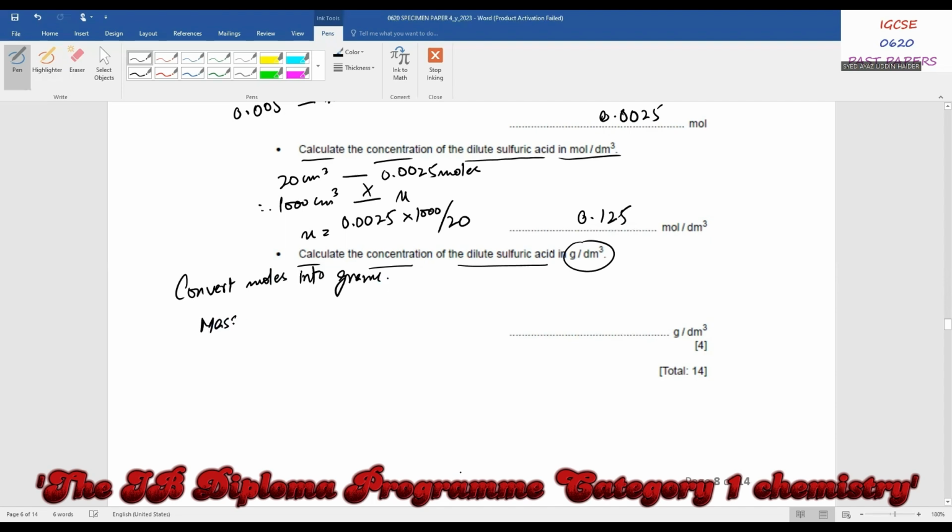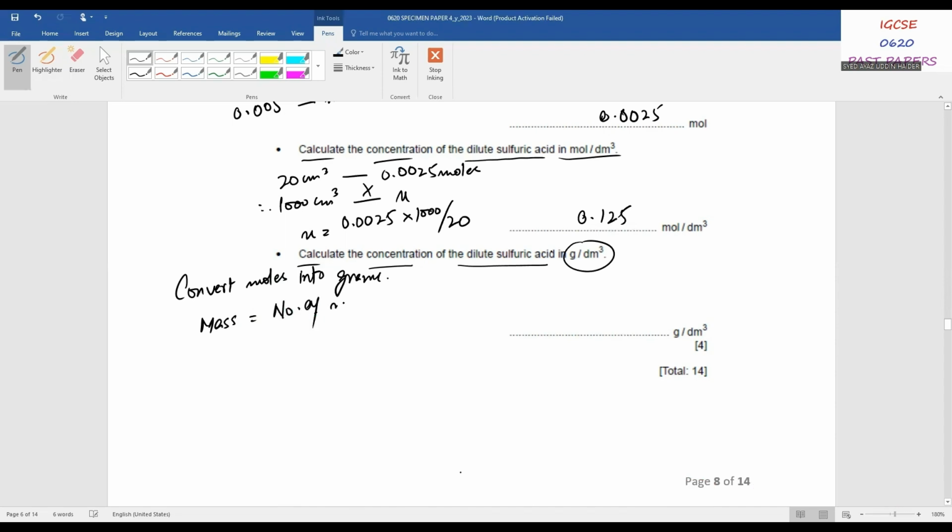Mass is equal to number of moles multiplied by Mr. Now we have sulfuric acid. The Mr of sulfuric acid will be 98. So you'll multiply this by 0.125. Answer will be 12.25 grams per dm³. This will be your final answer.